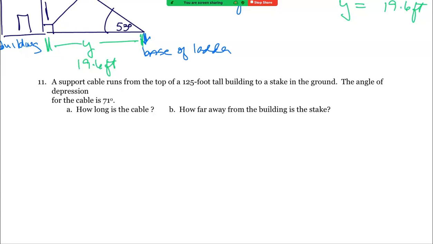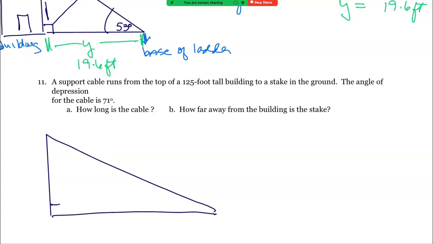Here's the first time we've seen the angle of depression concept. So let's look at that carefully. A support cable runs from the top of a 125-foot tall building. So here's your right triangle. Again, here's the building, and this is the tippy top of the building.